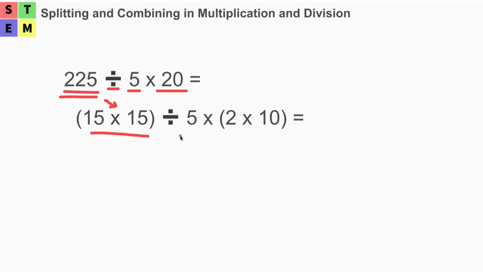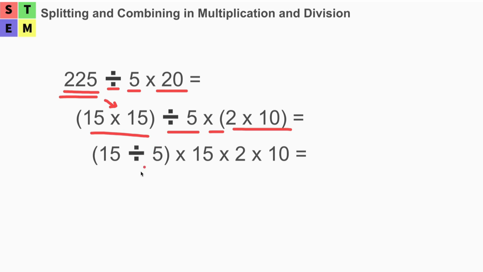All right. And then divided by 5 times 20, and 20 equals what? 2 times 10. What we're going to do here is 15 divided by 5 first.